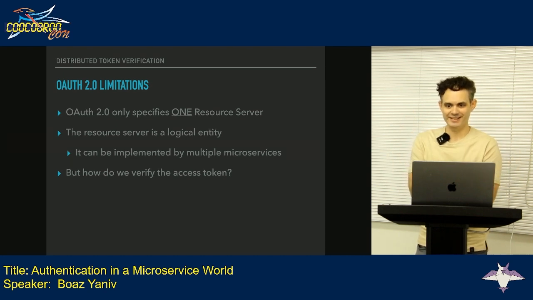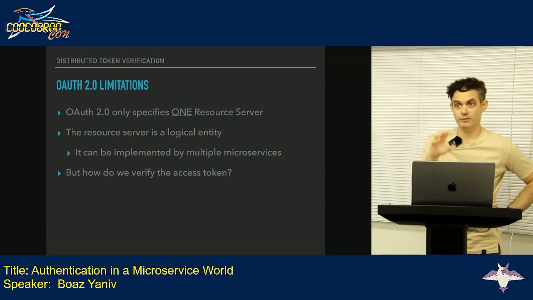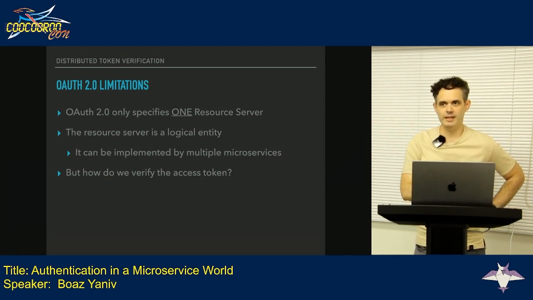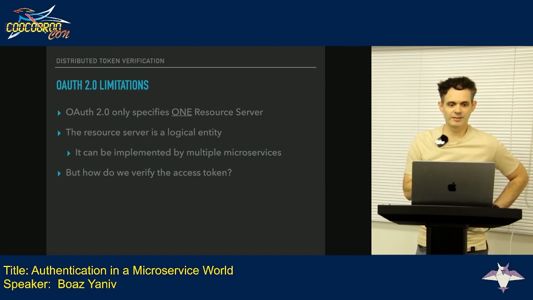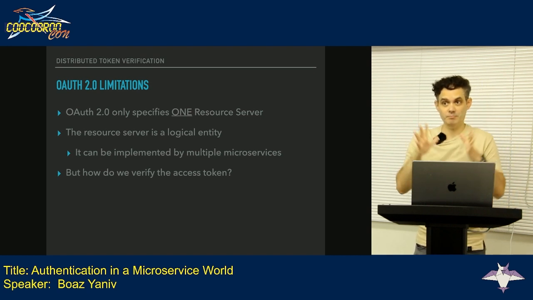This is a mechanism that we're using to do the initial authentication and get an access token. And after that, OAuth specifies that you can use this access token in the authorization header and authenticate to a service. But OAuth is very simple. It was written in the monolithic age.